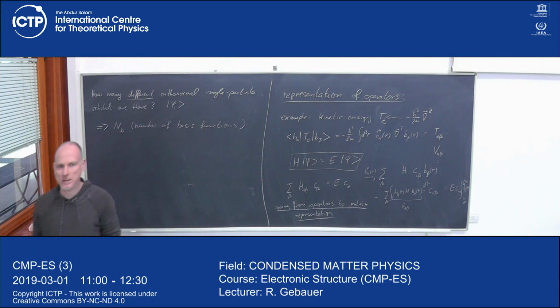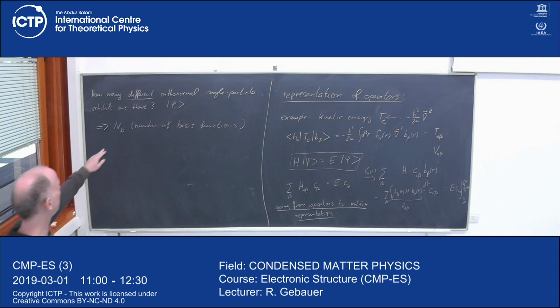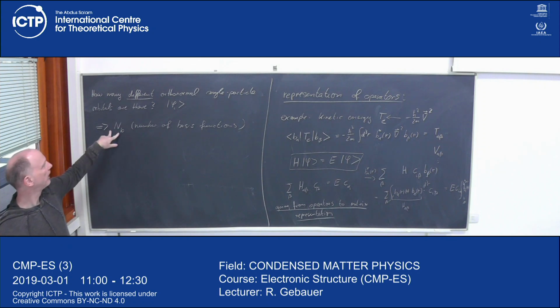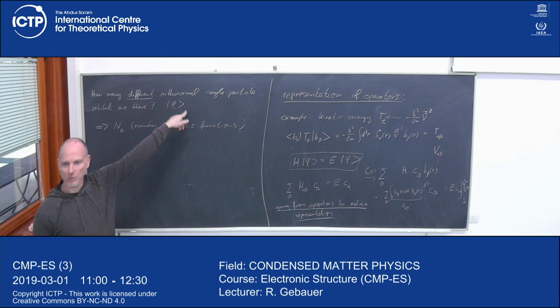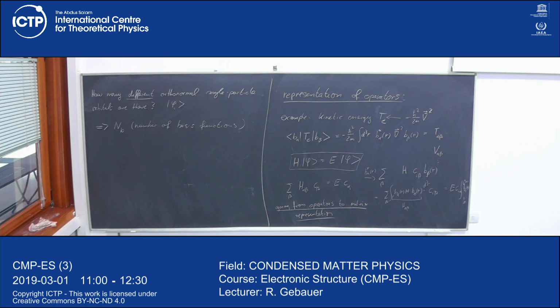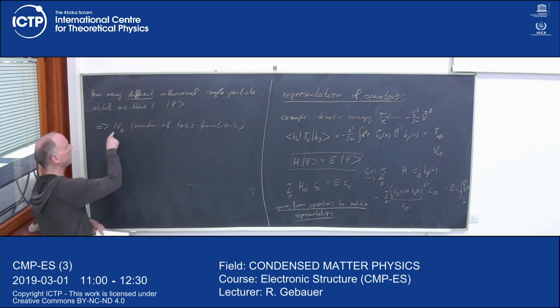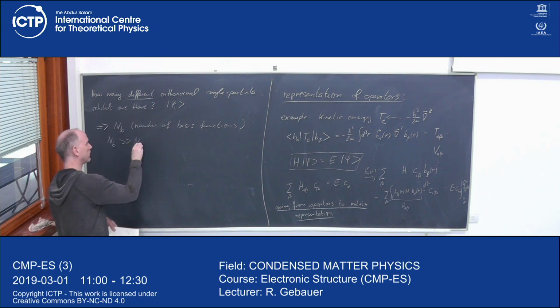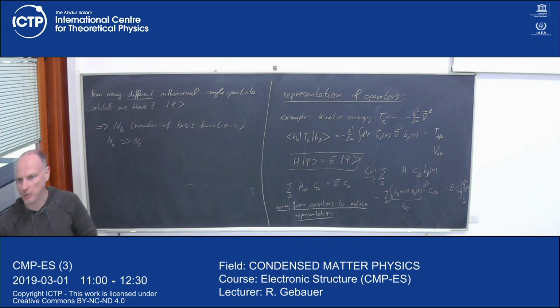Okay? So since the basis functions are not linearly dependent, we can always write the NB single particle functions as NB orthonormal single particle orbitals. And normally this NB is much larger than the number of electrons we have. So a typical calculation uses between 50 and 100 basis functions for an atom.